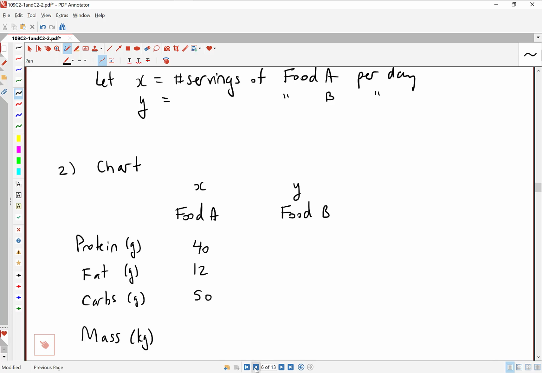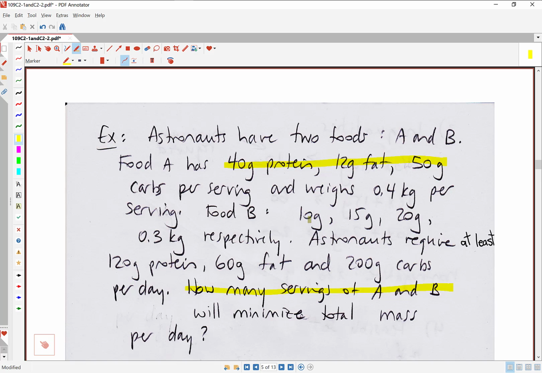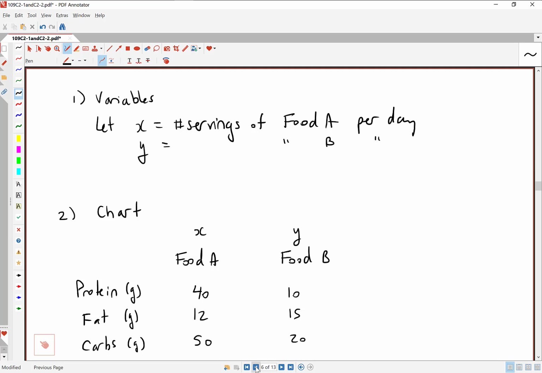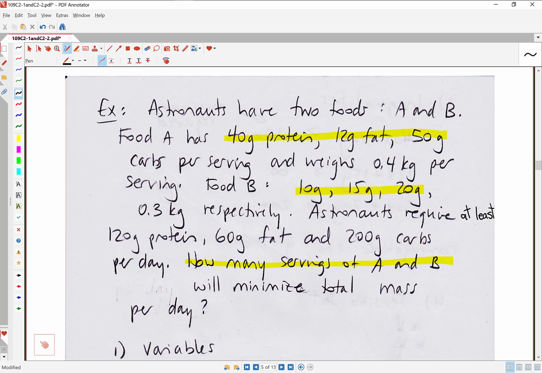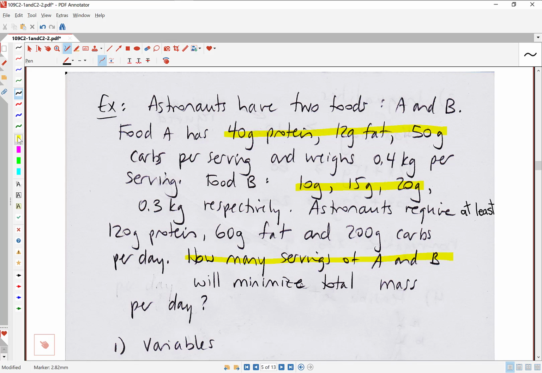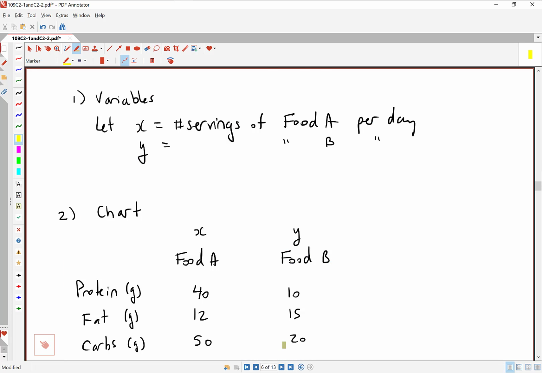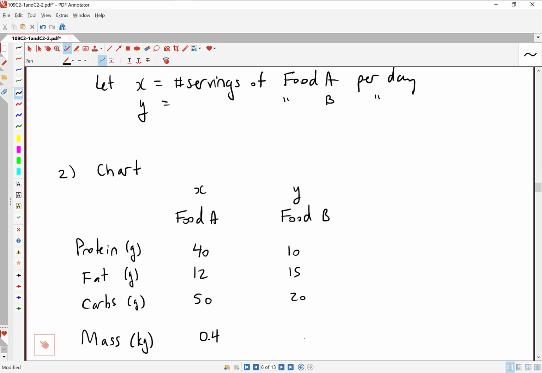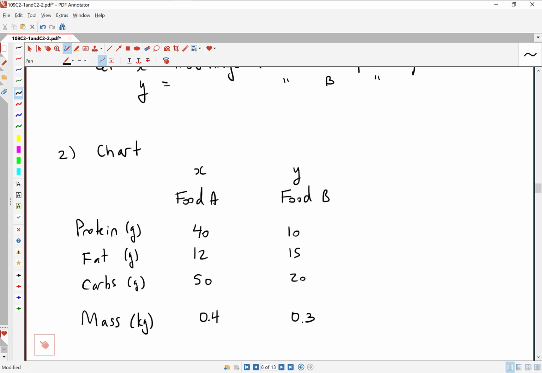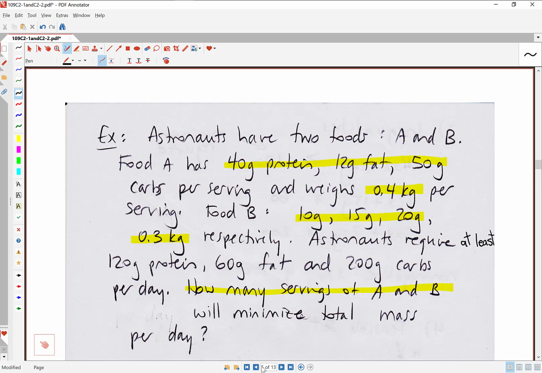And if we do the same thing for food B, 10, 15, and 20. Okay, let's go back to the problem and see what else we were told. Oh yeah, we were given the weights or the masses for these things. So each serving of food A, 0.4 kilograms. For food B, it's 0.3 kilograms. So let's put that into our chart. So 0.4 and 0.3.